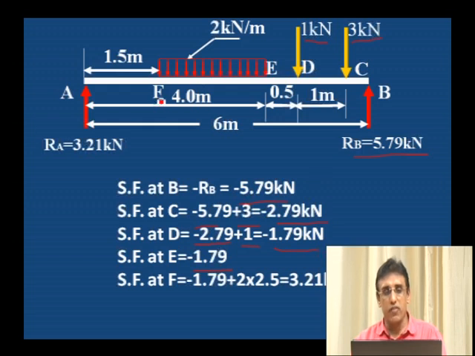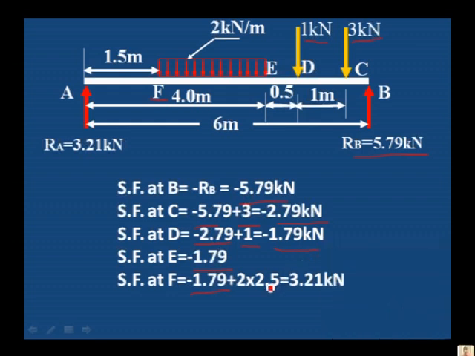Shear force at F, minus 1.79 is the previous value plus 2 into 2.25, the load which is added. Therefore, plus 3.21 kilonewton is the shear force at F, and from F to A no load is added, therefore the shear force at A is also 3.21 kilonewton.